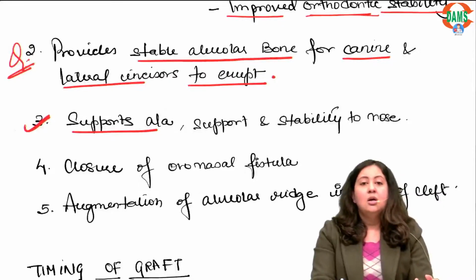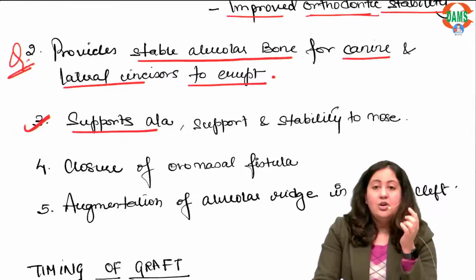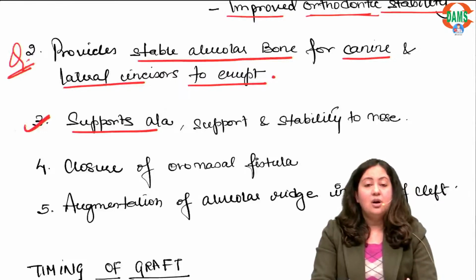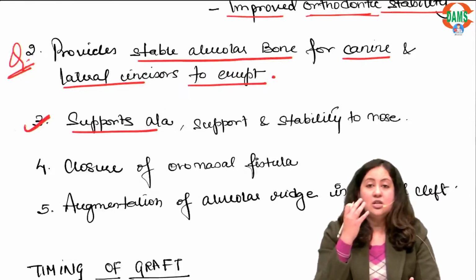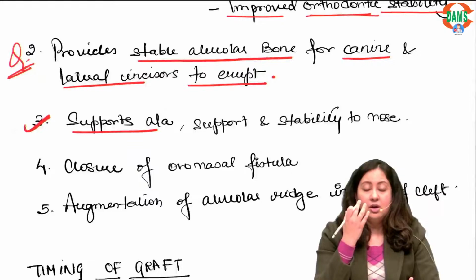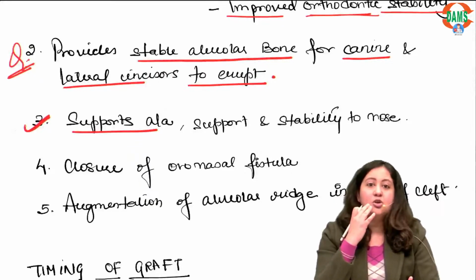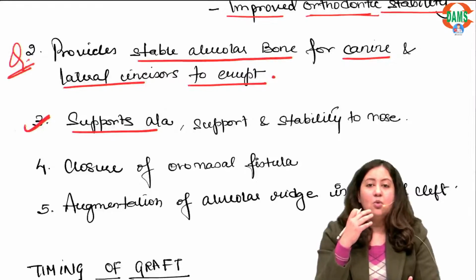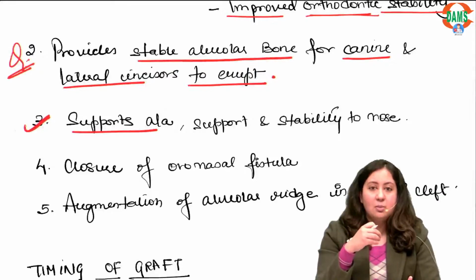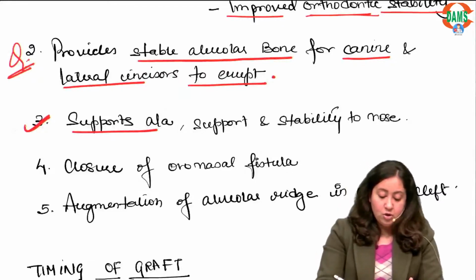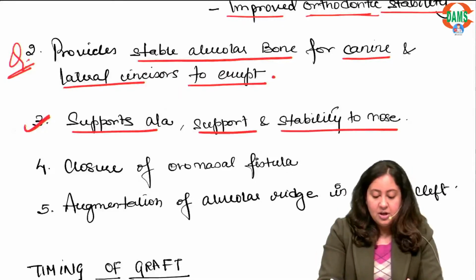And in orthodontics, you must have seen chapters on nasoalveolar molding. Basically you have to mold the ala, give it support and get it into the correct position. So when you have a good alveolar bone graft support, it will help support the ala and give stability to the nose. So support and stability to the nose.